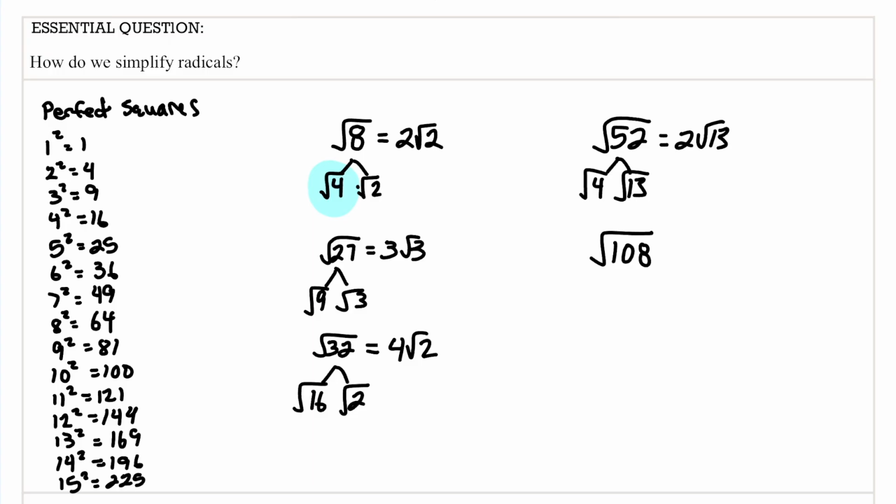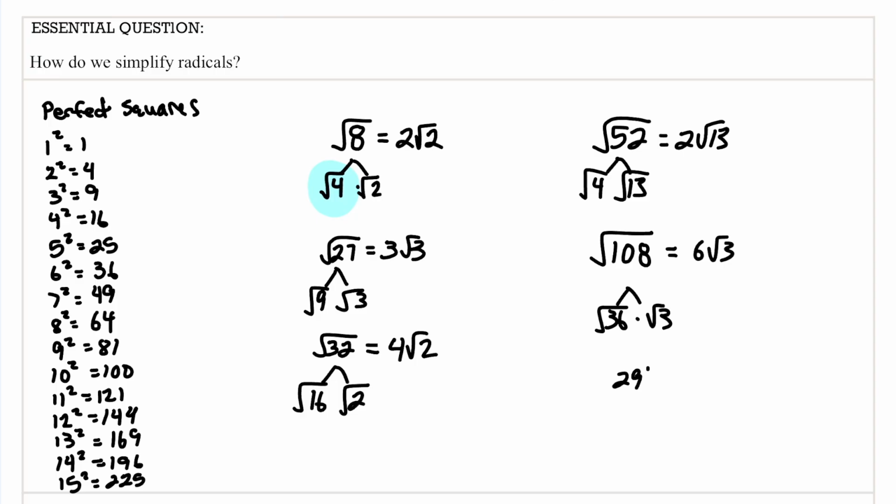So even though 9 is a perfect square and it divides 108, it can also be divided by 36. So that would be the square root of 36 times the square root of 3, which would reduce down to 6 radical 3.